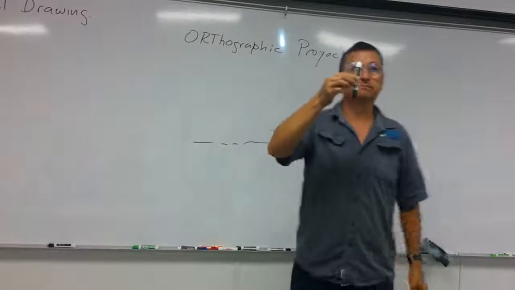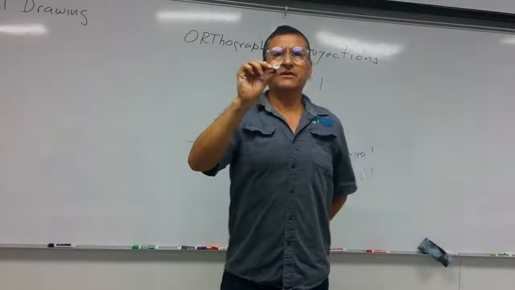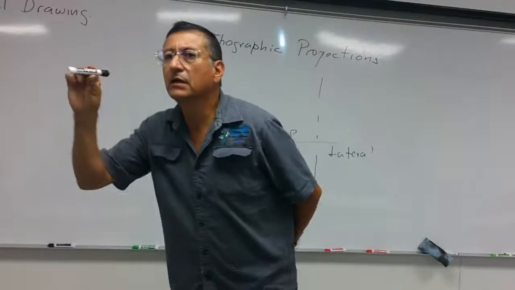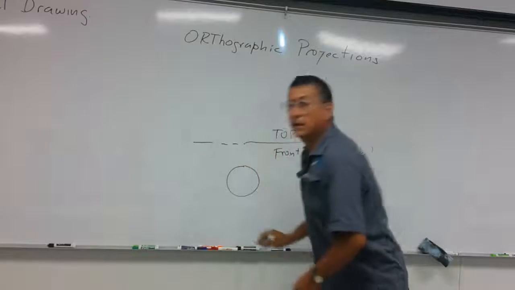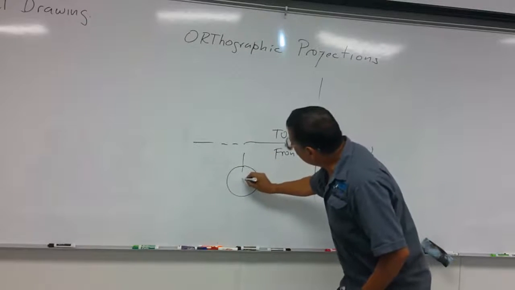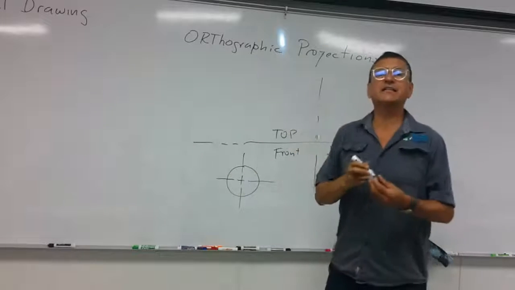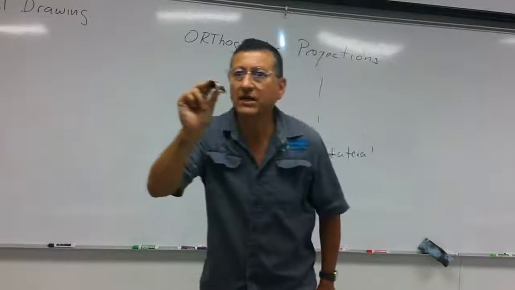Suppose that this is the front view. In the front view, you see what? You see a circle. And we are going to indicate the circle with a center line, indicating that it's a circle. Okay, in front, it's a circle.